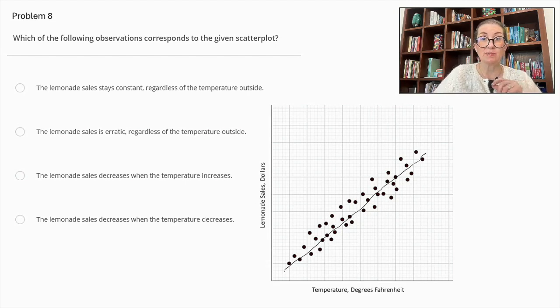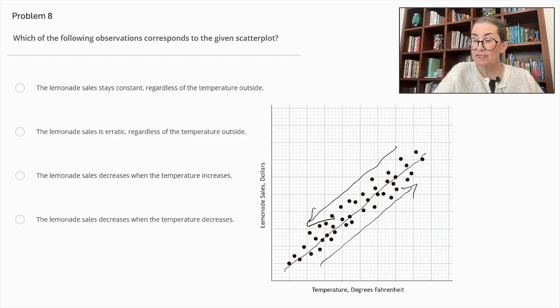This relationship suggests that the variables are associated in such a way that changes in one variable are mirrored by changes in the other in the same direction. So in this case, on this scatter plot, both the temperature is increasing and the sales of lemonade are increasing. Given that, the opposite will be also the case.